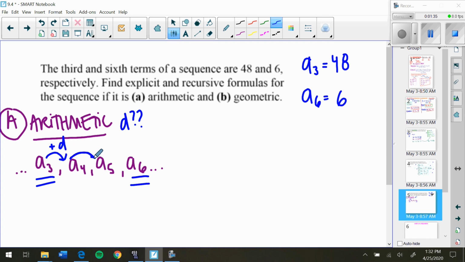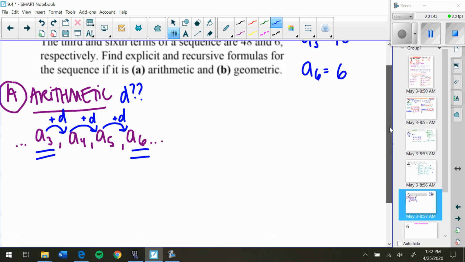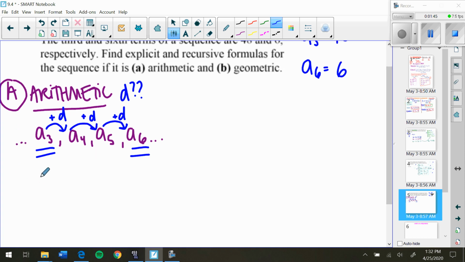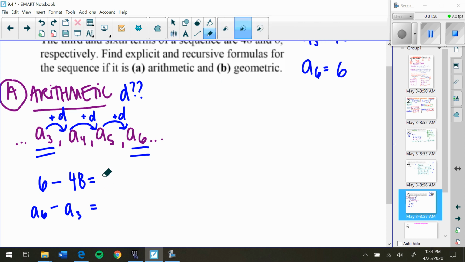We would have plus another and plus another. One way to do this would be to take that sixth term, a6, which is 6, subtract from it a3, our third term, 48, and I would get negative 42.